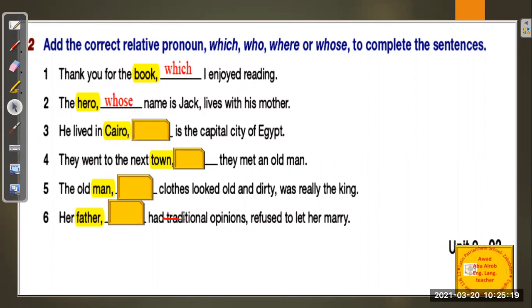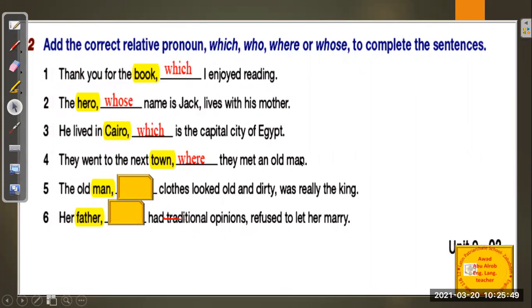He lived in Cairo, which is the capital of Egypt. Thank you. Which. Now, number 4, Rawand. They went to the next town where they meet an old man. Okay, now here he talks about a place, so where?